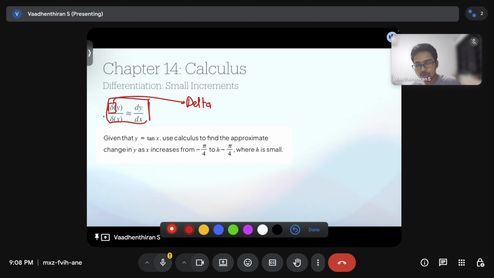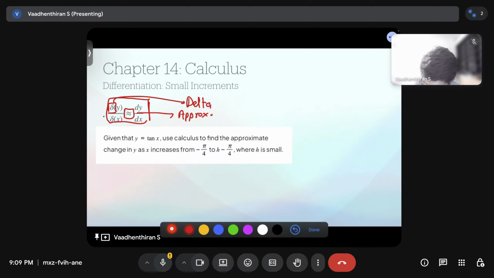Delta means a small change in y with respect to a small change in x, and it's approximately the differentiated form of the function, dy over dx. This symbol means approximate; it's not exact. A small change cannot vary much, so we write it in approximate form, approaching dy over dx, and you can equate it with dy over dx.